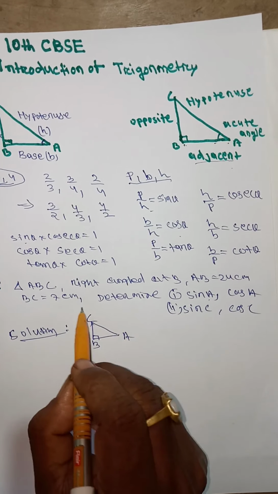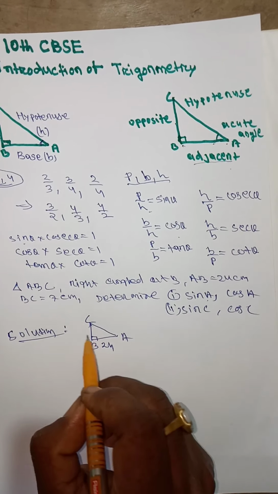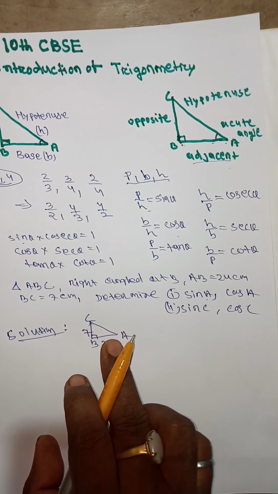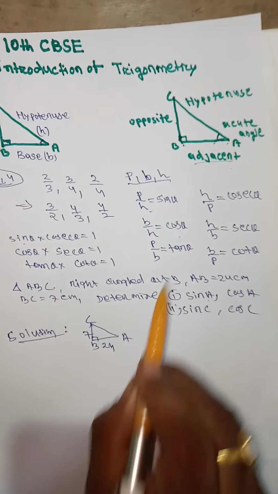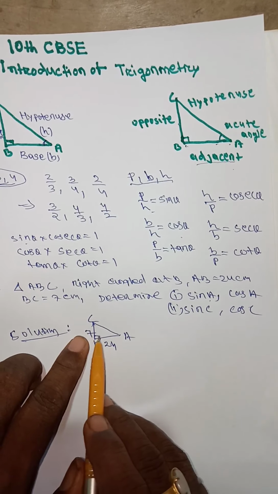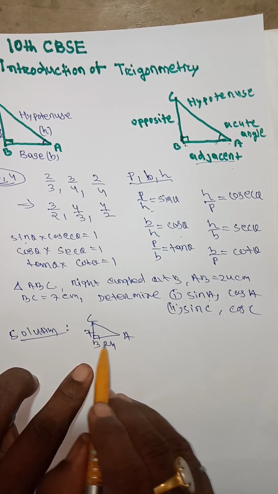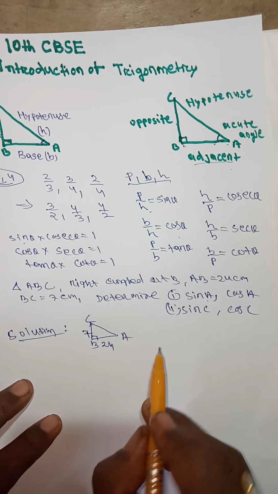Two sides are given here, AB 24, BC 7. Two sides given, but the third side is unknown. Sin A or sin theta equals P by H, perpendicular by hypotenuse, but the hypotenuse is not given here. So you have to find it by Pythagoras theorem.